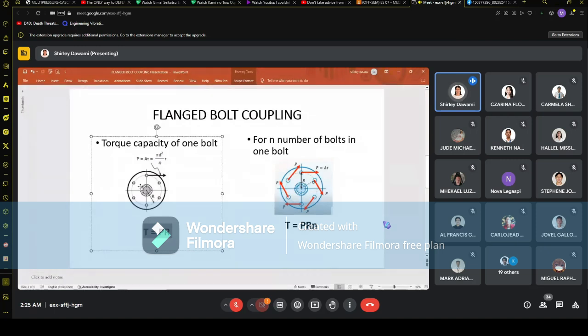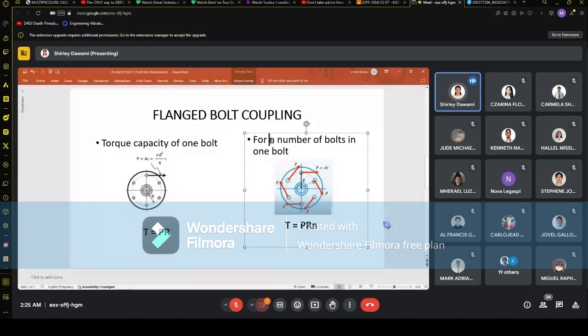Meaning, it only has one bolt circle. The formula is different if there are other bolt circles here. Okay. So this is only for a single bolt circle. Okay.